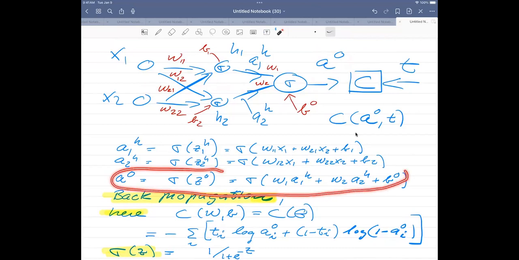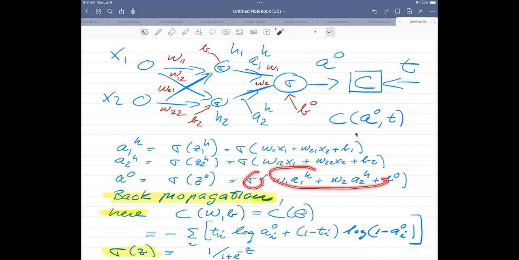You see that the output depends indirectly on the parameters we need to update. So the weights and the biases are input parameters to the activation function. And when you look at the expression for the cost function, that depends normally only on A, and A depends on Z, which then depends on the weights and the biases.